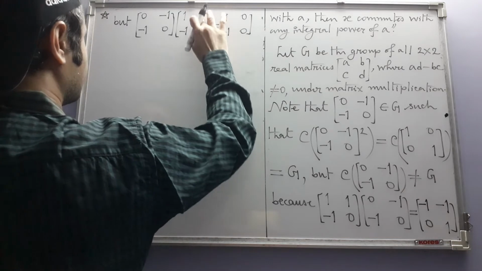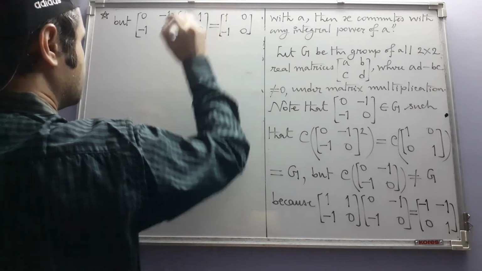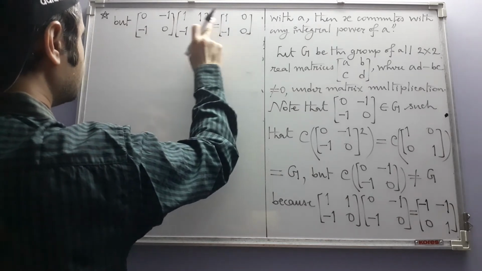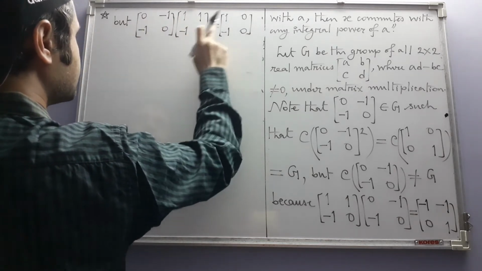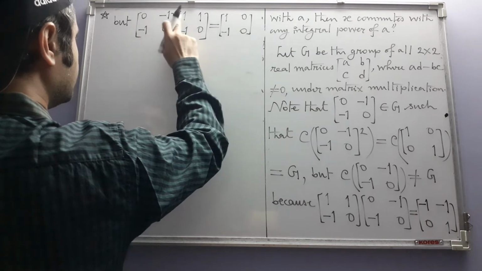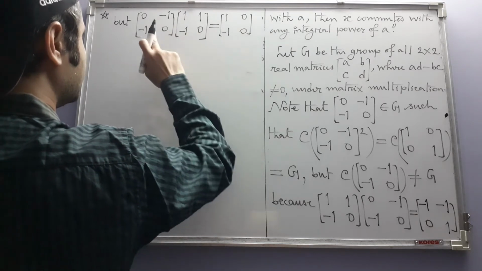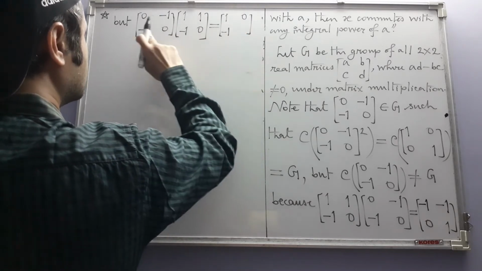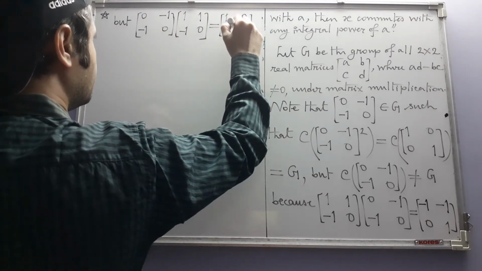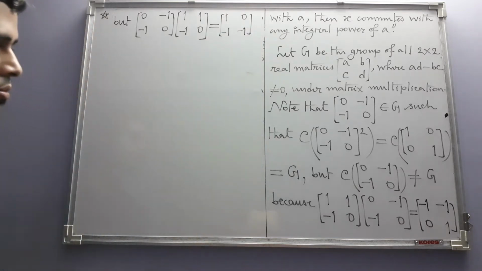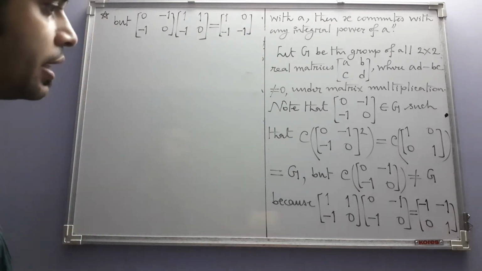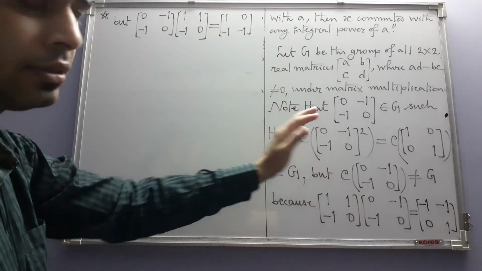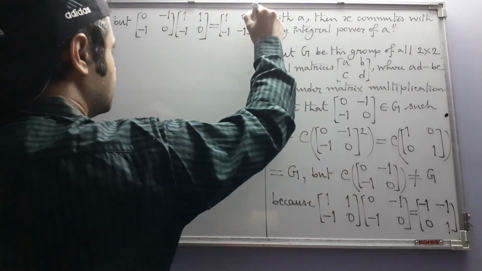So here also I have to make that change. 0 plus 1, 1. 0 plus 0, 0. Minus 1 plus 0, minus 1. Yes, they are different because again in the first row, first column, the elements are different. So the matrices are different.